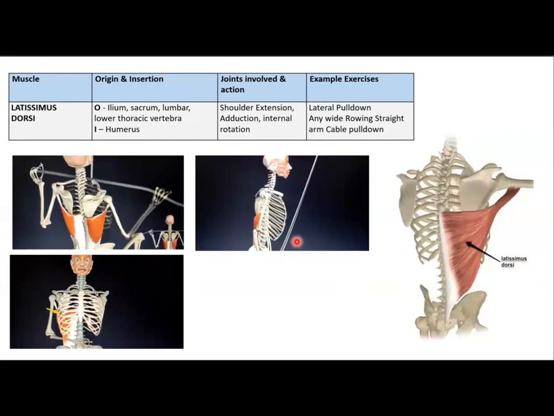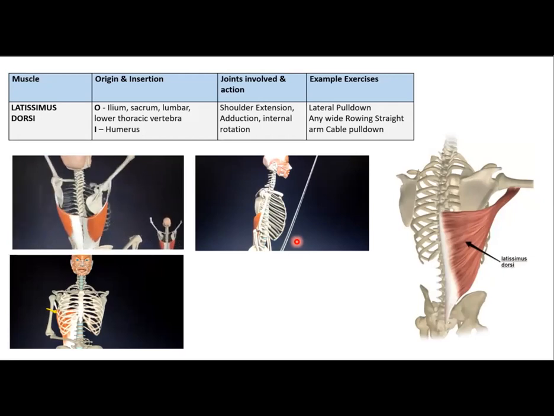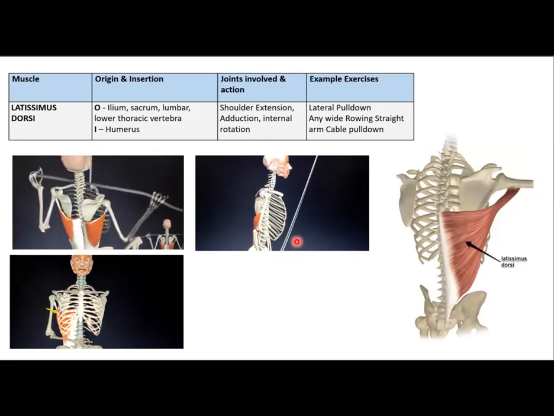Then this is your big muscle. This is also called the swimmer muscle, latissimus dorsi. What it does is shoulder extension, adduction, and also an internal rotation. So let's just check it out. This is very simple. We will go through a lot of exercises because a lot of people in the gym do nonsense training on the lat pull machine. So this is the lat pull when you're doing this exercise.